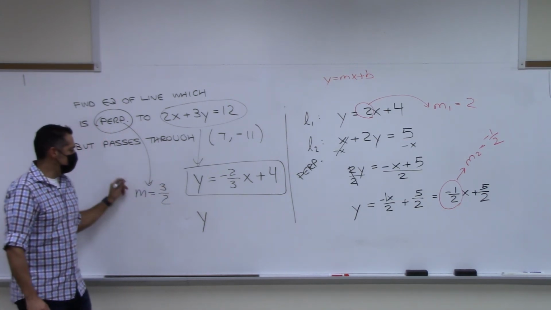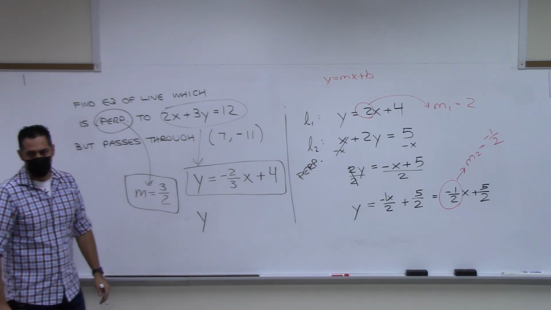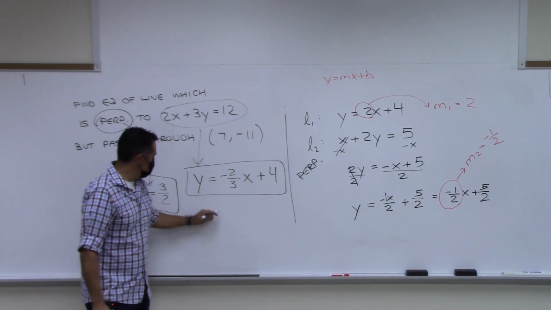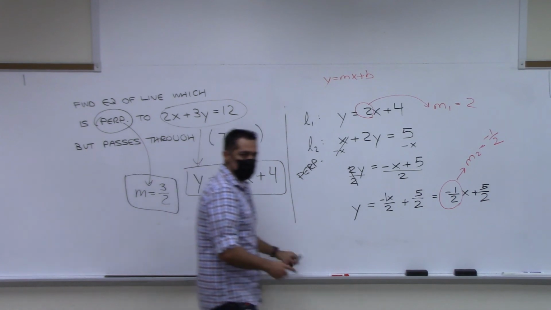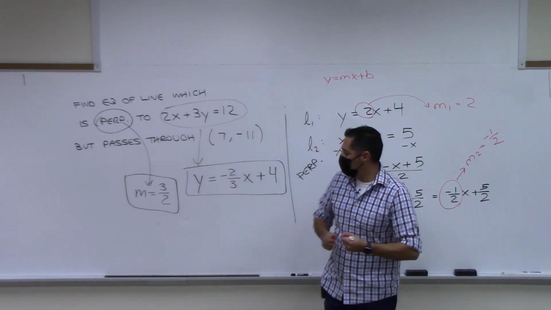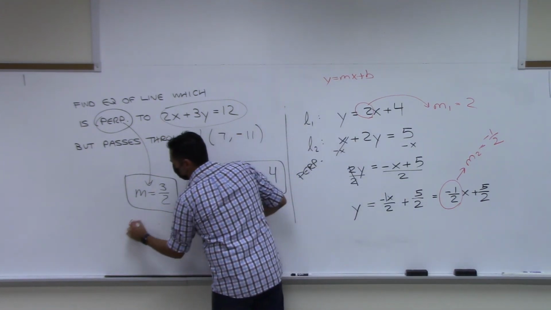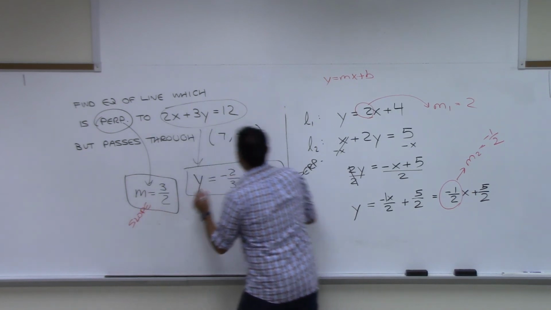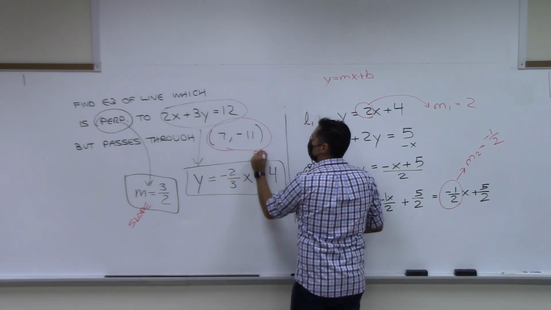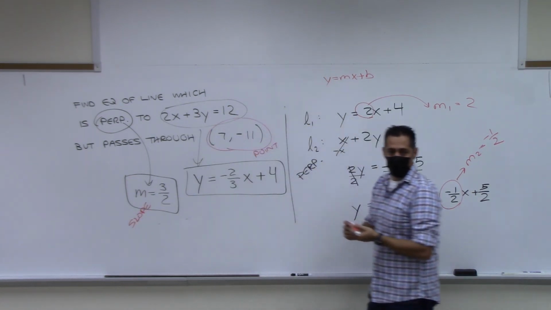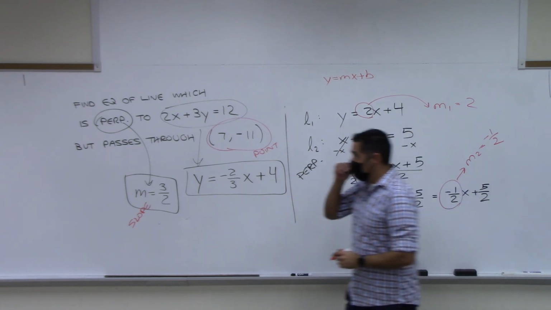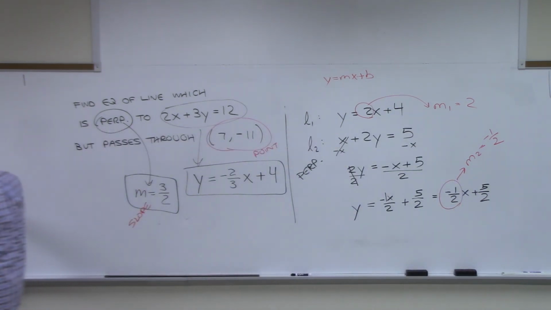So it has to have this slope, the line we're looking for. That makes sense? Now, we have the slope, and I also gave us a point on the line we're looking for. So we can go now to this formula called the point slope formula and use it.